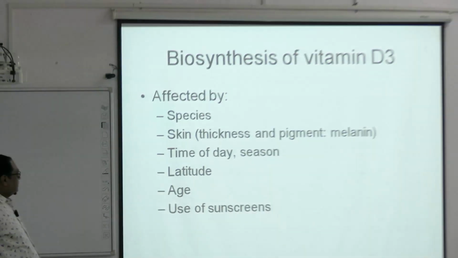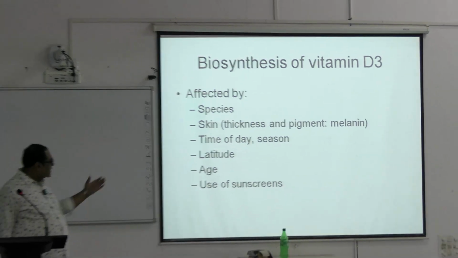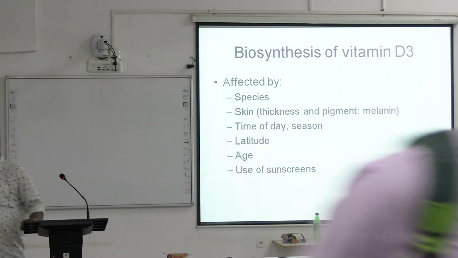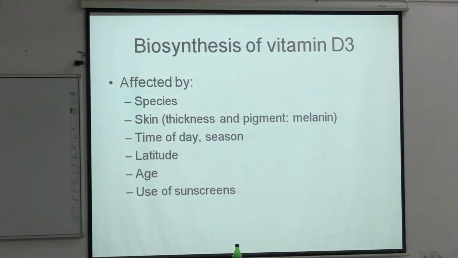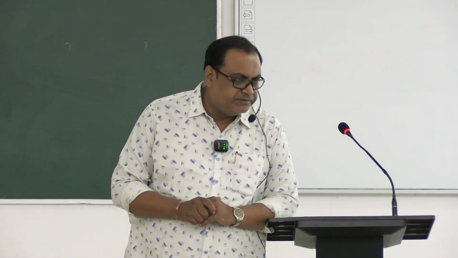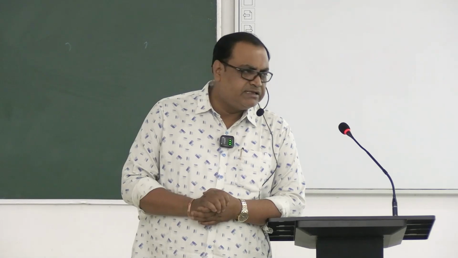Fine. Now, next we come to skin thickness and pigment melanin. Melanin I have already discussed. Thickness: thin skin, thick skin. Which one is helpful for synthesis of vitamin D? Thin skin. Thick skin, where do you find thick skin?